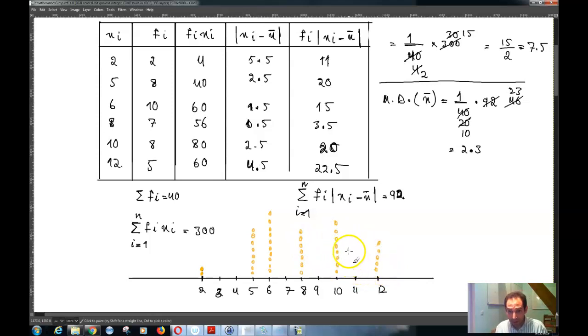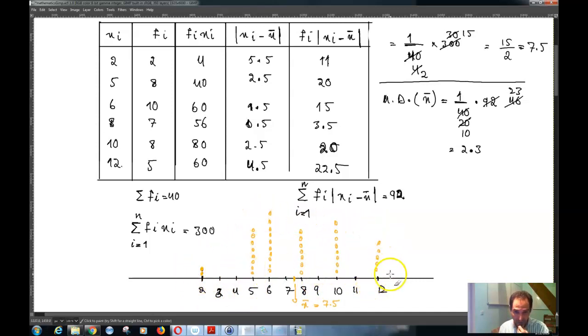Now, the mean of these numbers, we found to be 7.5. So x bar is equal to 7.5. It's not exactly between 2 and 12. You have 5 units on one side and 4 on the other.